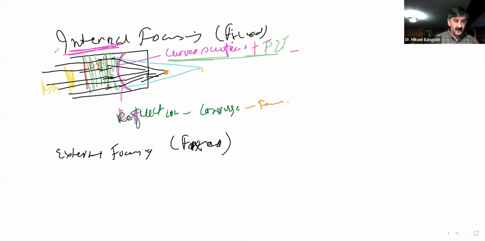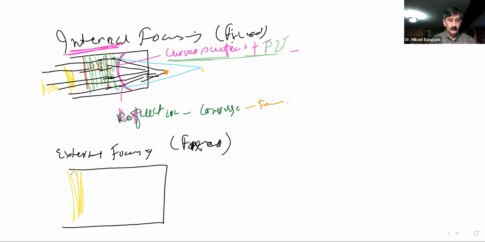Whereas if we say external focusing, we had our backing material. Now here we have our PZT like this, or crystals as you know it.